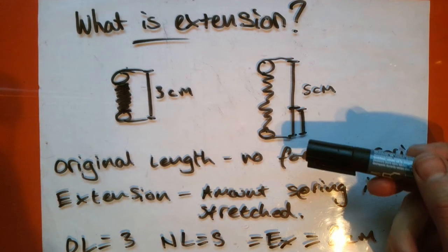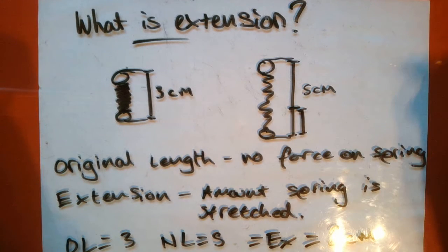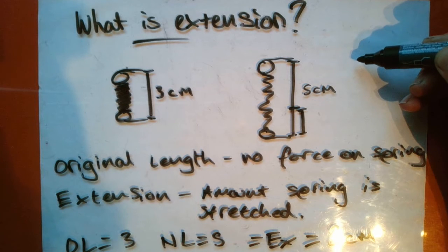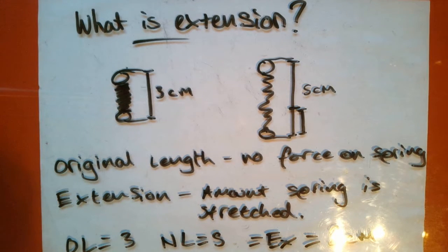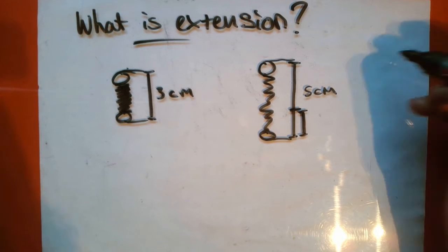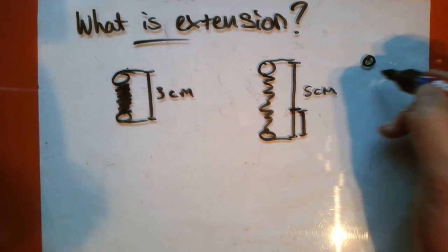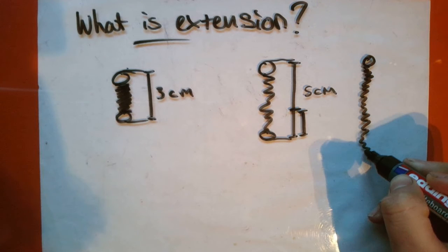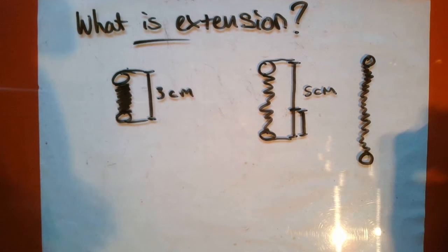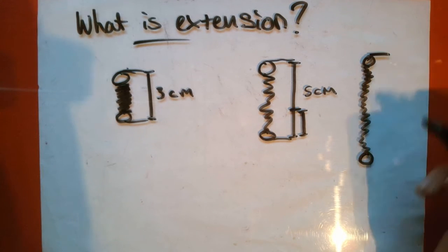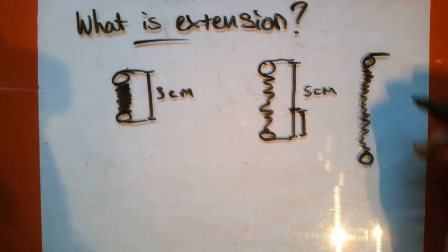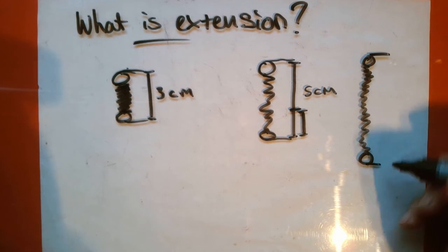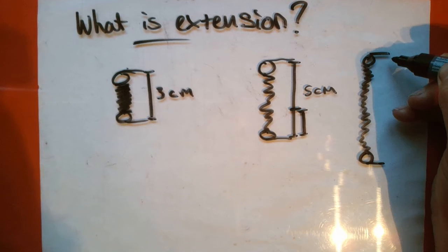It's the extra bit that it has gained. So if we then went and increased the length of our spring even more, we could put an even greater force on it. This is the same spring still, but now we've increased the force on it, and the new length is now 8 centimeters.